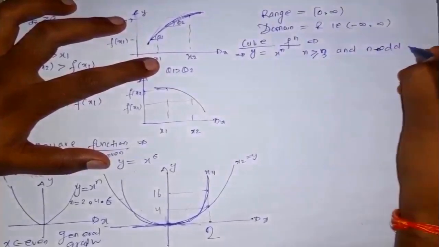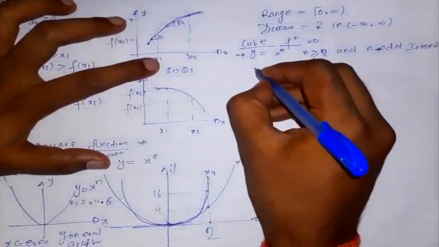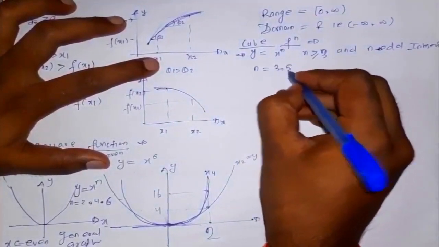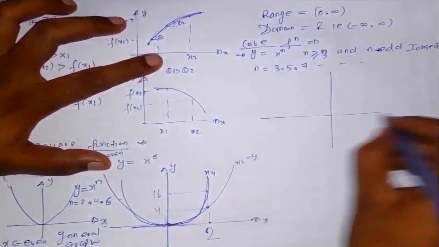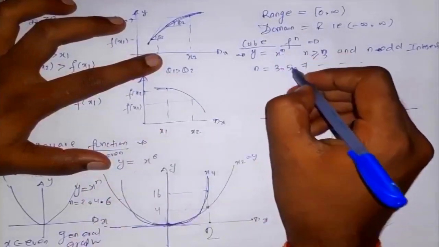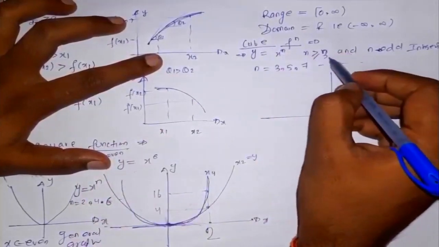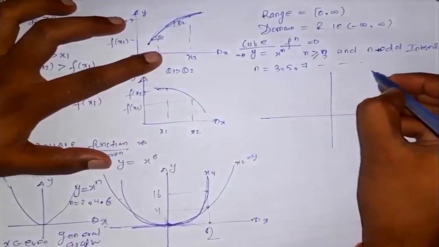Odd integers, that is n is 3, 5, 7, and so on. So the graph of y equals x to the power n, where n is odd and greater than or equal to 3, and n is an integer, will be like this.